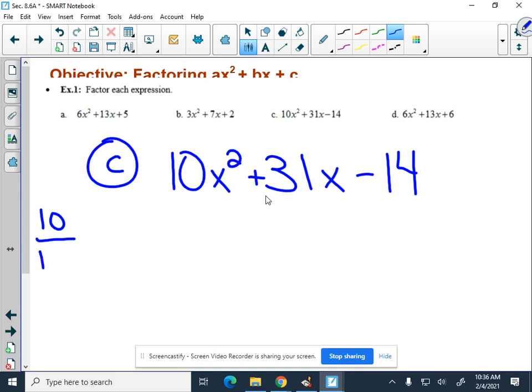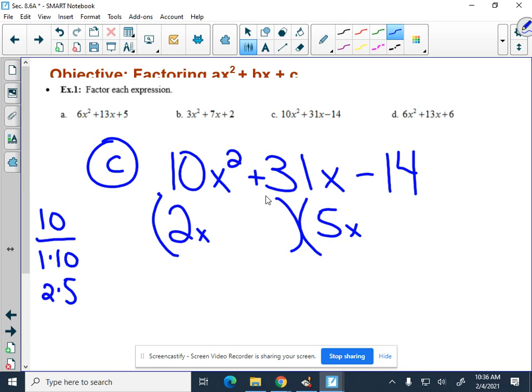And there are 2 ways to get 10. 1 times 10 and 2 times 5. I advise that you try the closer pair. 2 and 5 are closer together than 1 and 10. But 1 and 10 could be the answer. Okay? It could be.